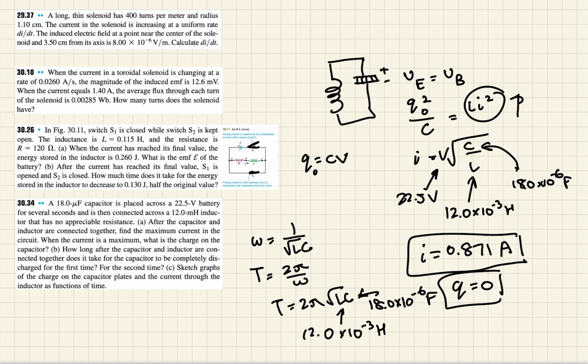So, calculating that, you're going to get T is equal to 2.92 milliseconds, or just 2.92 times 10 to the negative 3 seconds. And so how long does it take for the capacitor to be fully discharged? So what's the entire period? So the step is capacitor is fully charged, then they're pretty much equal.